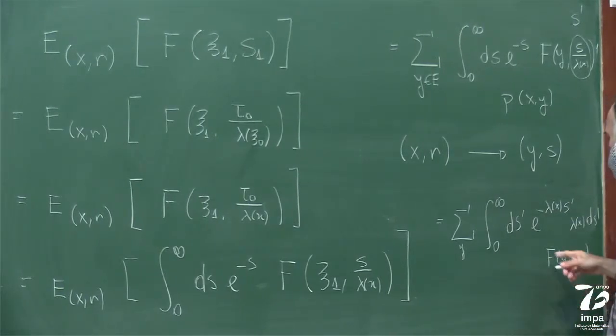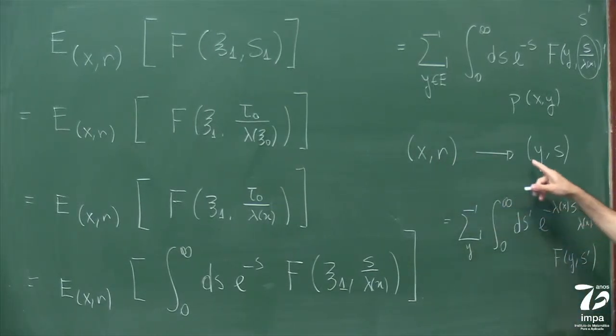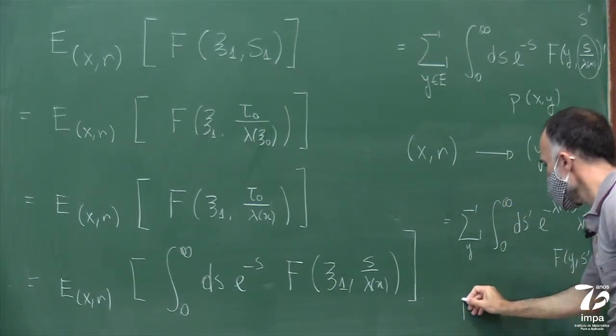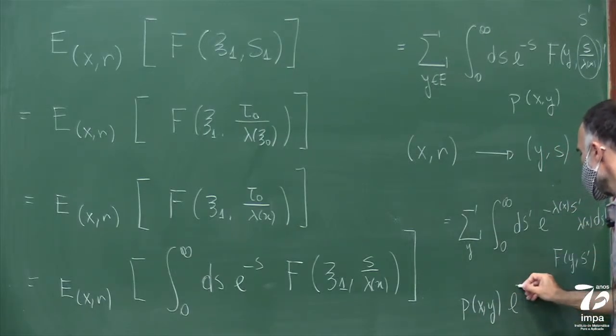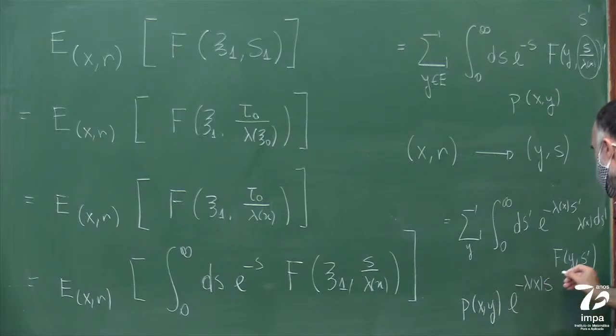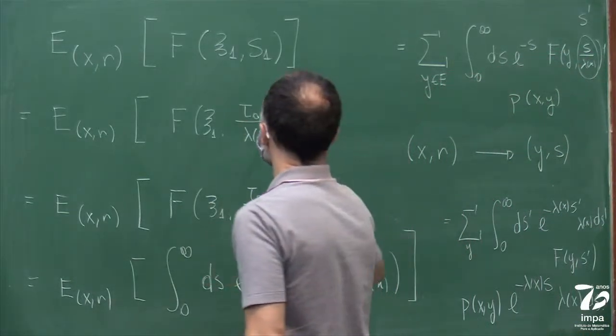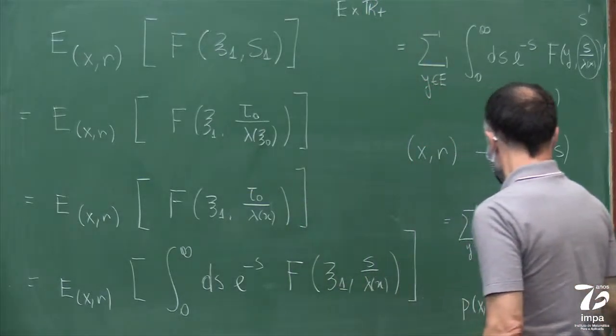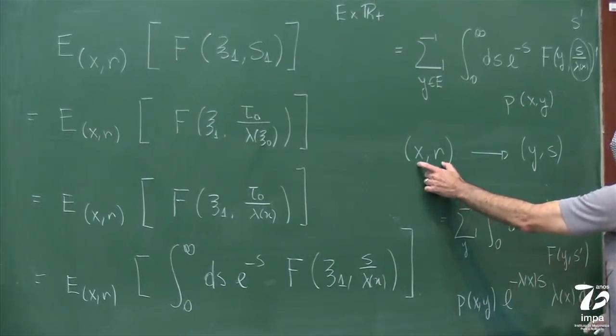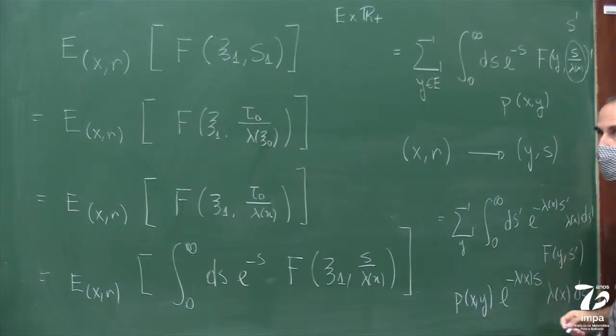And now I have f y s prime. Okay? So this tells me that I'm jumping from xr to ys with probability pxy, and then minus lambda x s, lambda x ds. Okay, so you have a chain taking values now on E times R plus, and it jumps from XR to this pair with this rate.